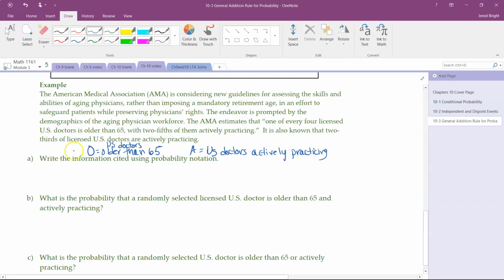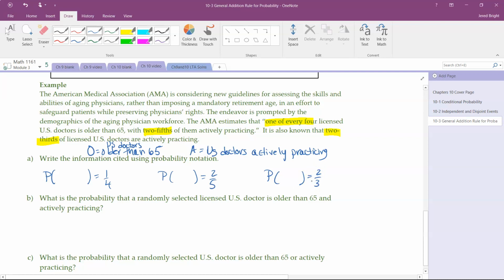The information that is given to us is 1/4, and then 2/5, and then 2/3. If I write this out, P of something is 1/4, P of something is 2/5, and P of another something is 2/3.